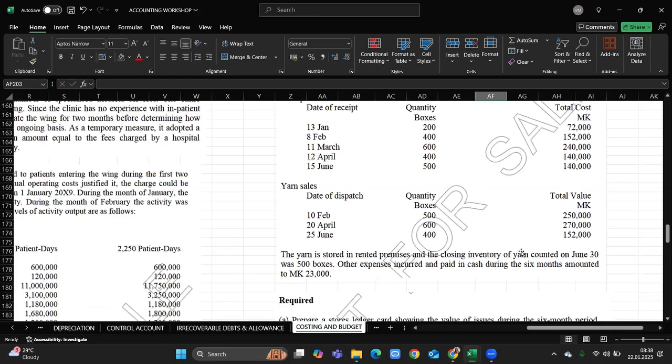How much is the value? How much is the value? 200. Am I writing correct? Is it 200? 250,000. Huh?